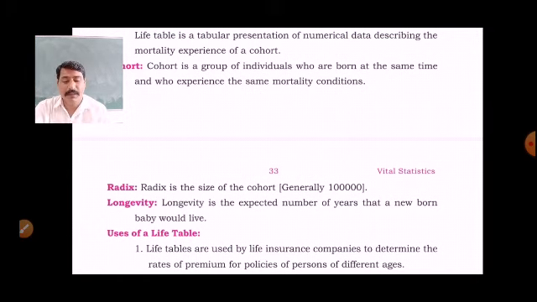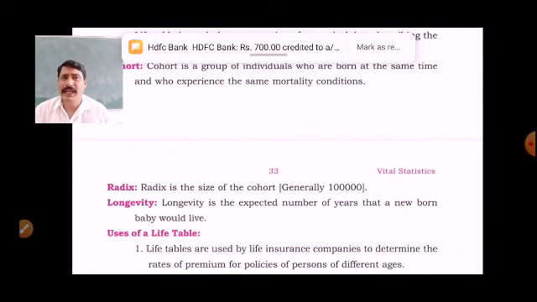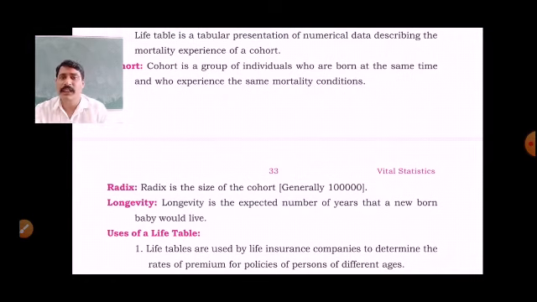The persons born in 1900 faced World War I, World War II, and many diseases, plague, cholera, financial crisis, everything. But those born in 2000 are not facing all these things, so their mortality conditions are different.